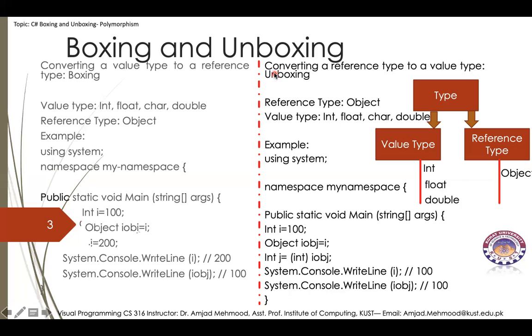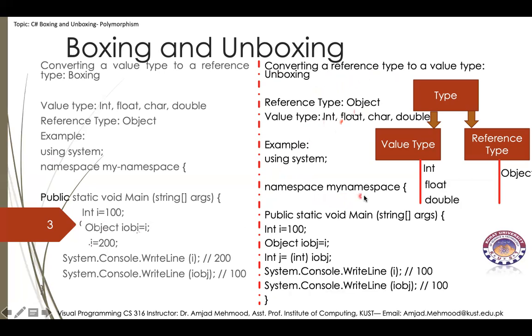Now come to its reverse process, which is called unboxing, converting a reference type to a value type. So here we have the same, we have object and we have value type. This is the traditional flow of our program, how you write a C sharp program.